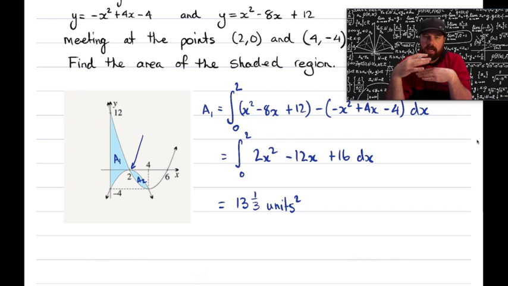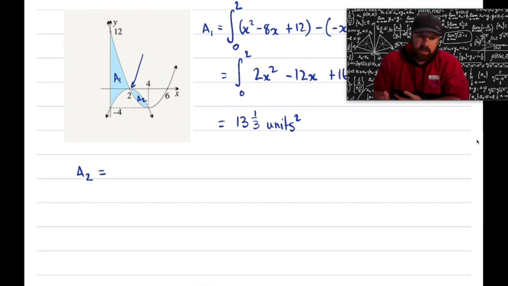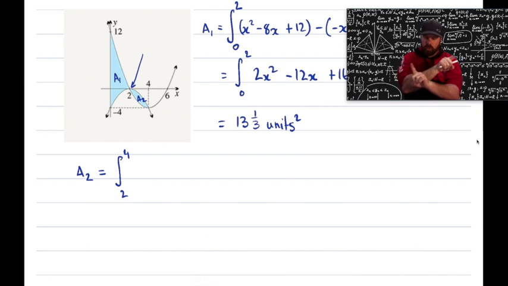Remember that the area between curves is always the top curve minus the bottom curve. Area 2, well, again we're going between two curves, so we've got to identify what's the top curve and what's the bottom curve. It's between 2 and 4, and this time that order is reversed.